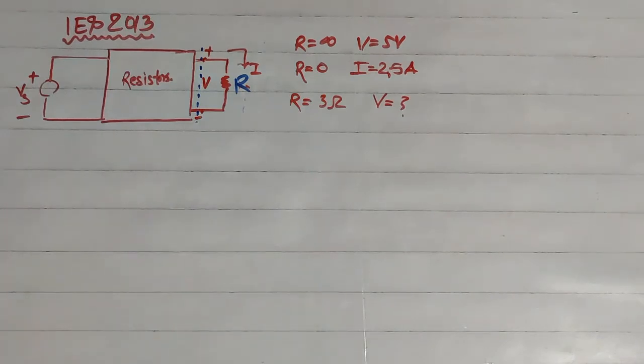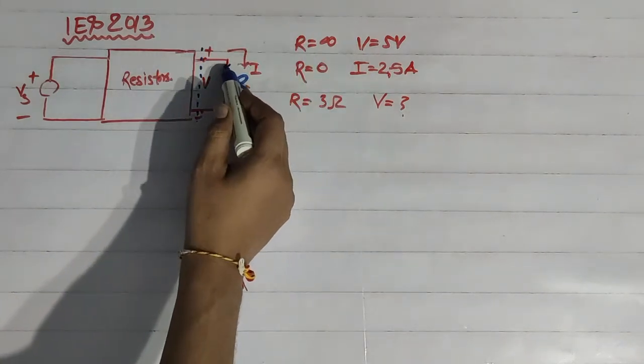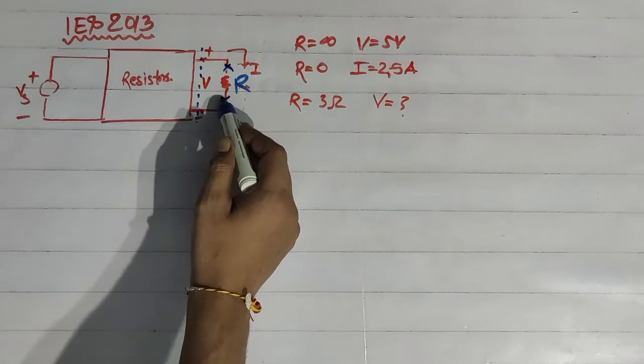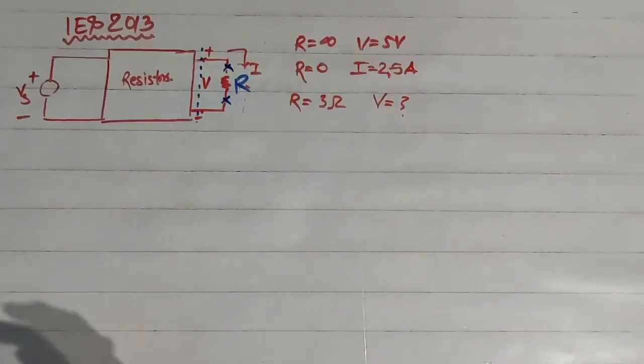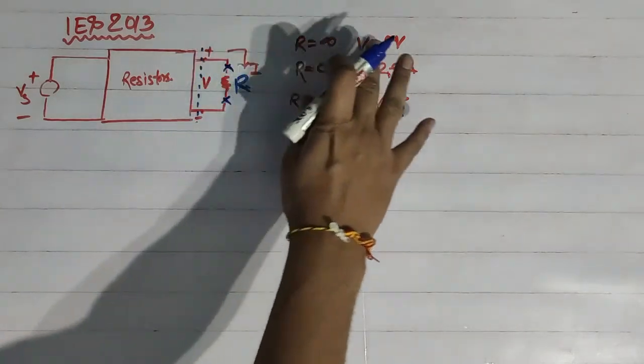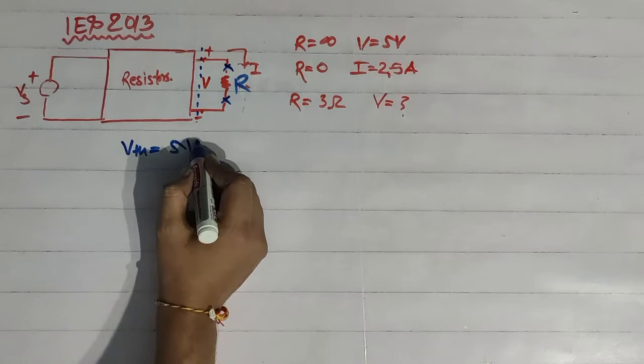So this is a simple question of Thevenin and Norton equivalent. When this resistance is infinite, it means it acts as an open circuit. In that case, voltage across this terminal is simply equal to Thevenin voltage. It means here VTH is given as 5 volt.